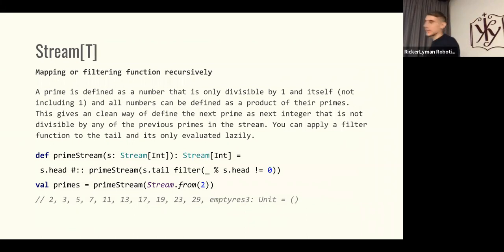So this is how we can define prime numbers. Very easy. This is a recursive call. So you can use recursion with streams that way.